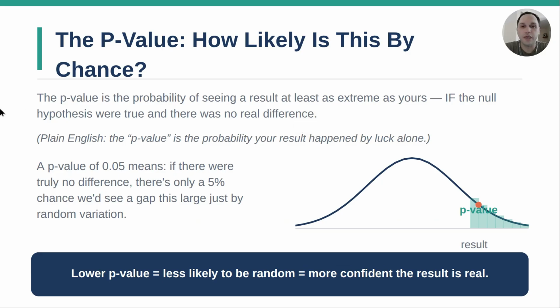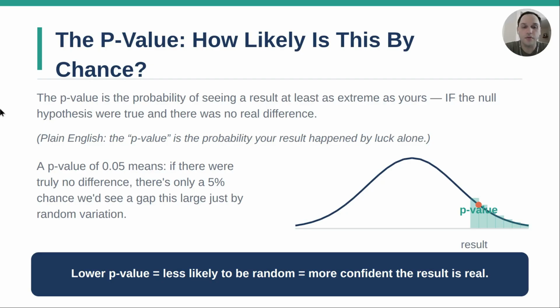Here's the key number that comes out of the significance test, the p-value. The p-value is the probability of seeing a result at least as extreme as yours, assuming the null hypothesis is true, meaning there's actually no real effect. For Freshbox, the p-value is the probability that we'd see a 3-point gap in open rates just by random chance, if there were truly no difference between the two subject lines.